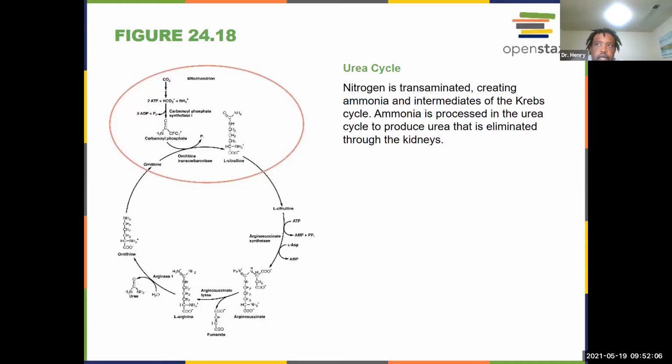Okay. And citrulline and ornithine are not amino acids that are utilized in proteins. They're just utilized in the urea cycle. They're also utilized in another cycle for the production of nucleotides. So they act as carriers, okay?